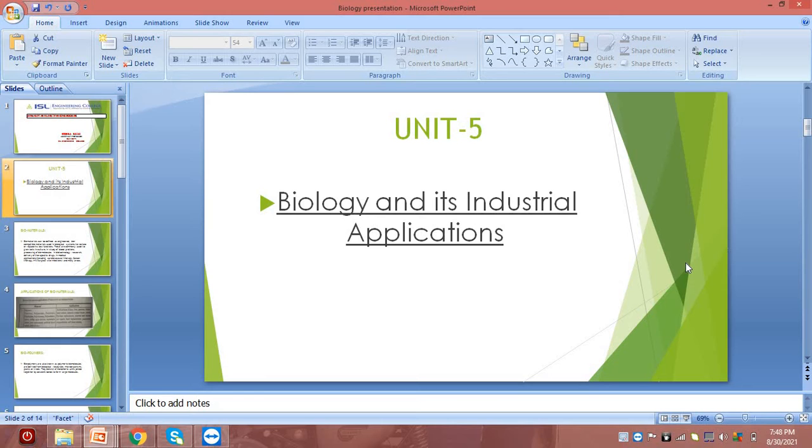So the use of biofertilizers, biofilters, by using microorganisms to remove the contaminants in air and water both. All this will be included in this unit, Biology and its Industrial Applications, the last unit, Unit 5.